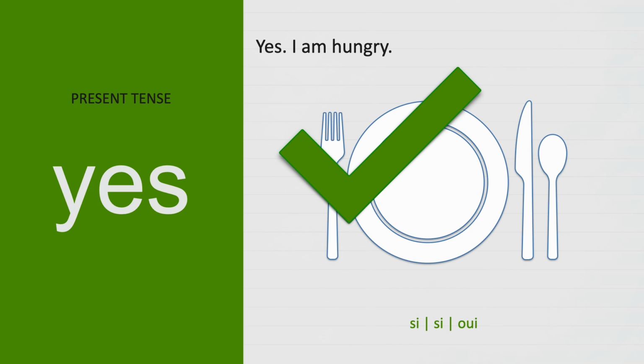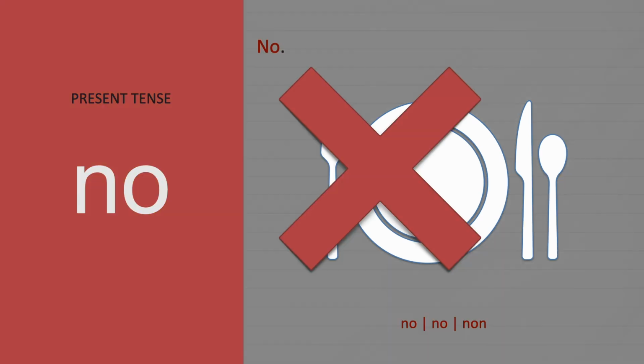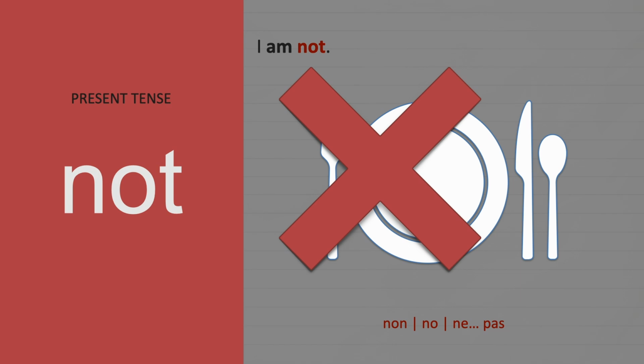But if you want to say it as a negative, you can simply say no. To be more specific, you can say I am not. Or you can say it as a full sentence. I am not hungry.